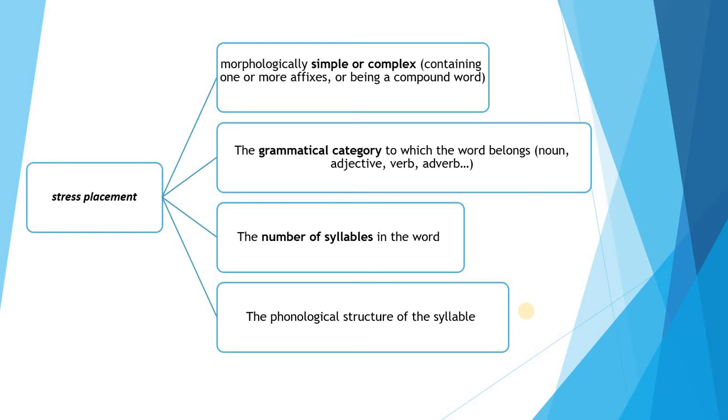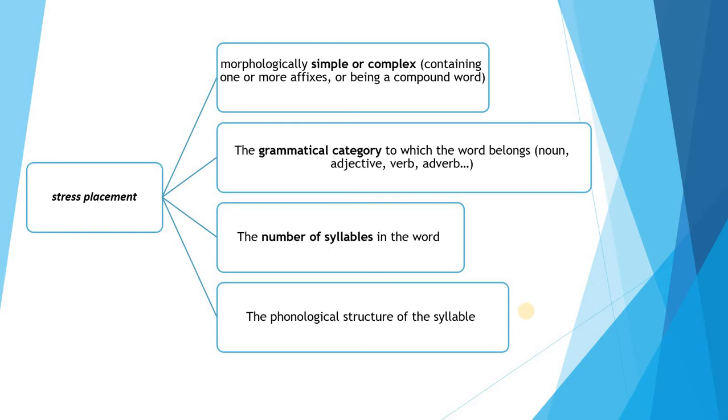Also the number of syllables in the word. If the word is monosyllabic, here we don't talk about stress. If it has 2 syllables, it is of course very important to talk about the stress here. The placement in 2 syllable words is not like the placement in 3 syllable words.